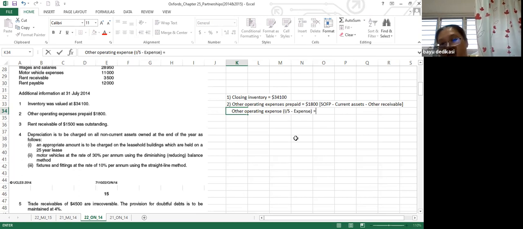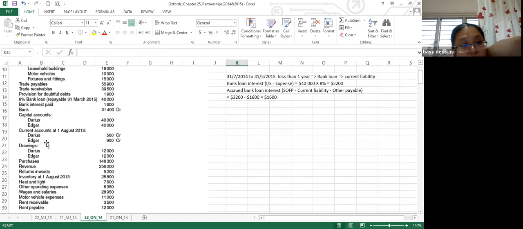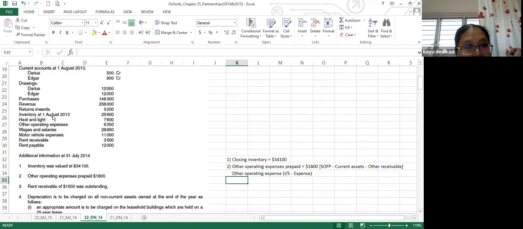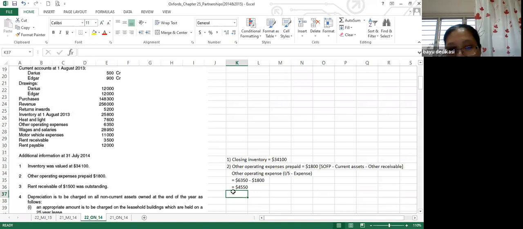So you have to take your amount for other operating expenses here, 6,350, minus 1,008. So we get 5,342. So this is the amount you should recognize under expenses.